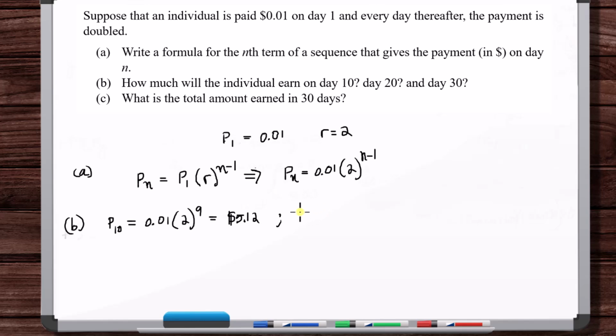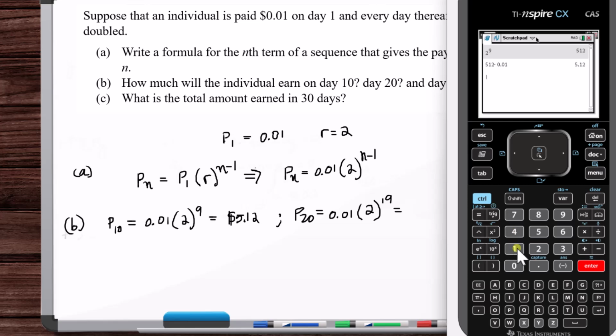Okay, on day 20, P20, let's write it out. So 0.01 times 2 to the 19th, n minus 1, right? So 2 to the 19th times 0.01, $5,243.